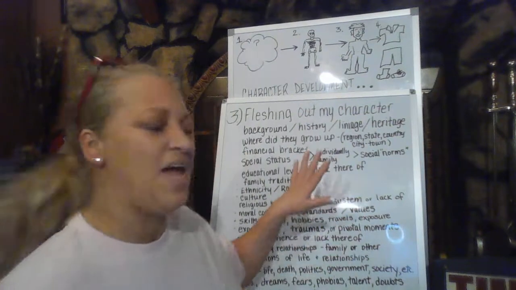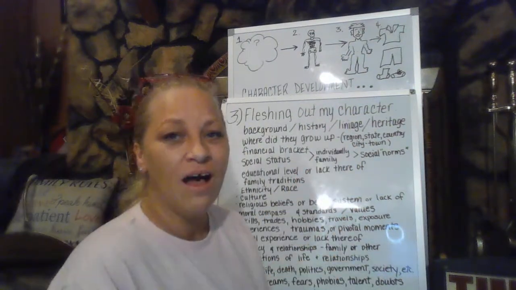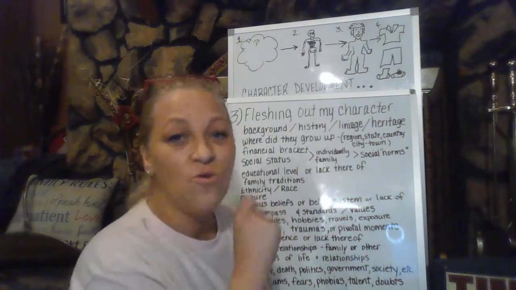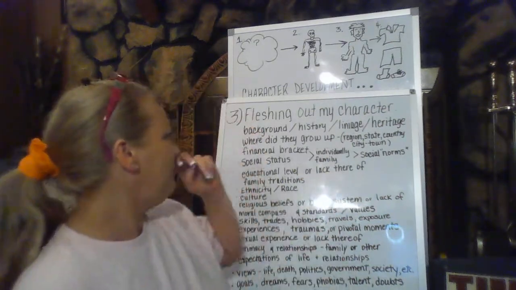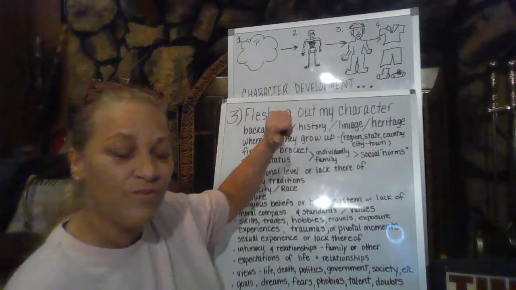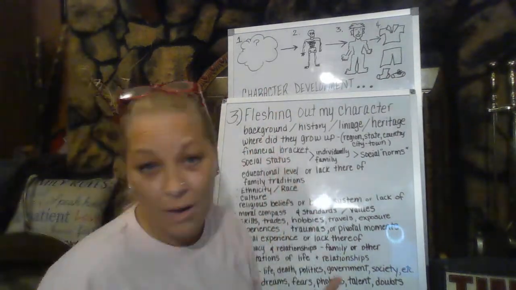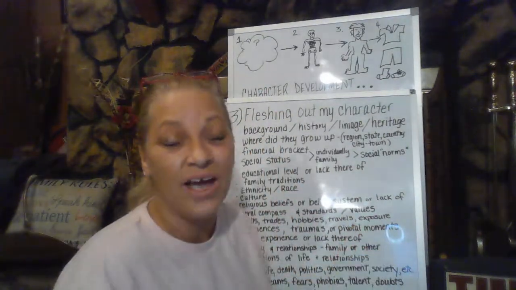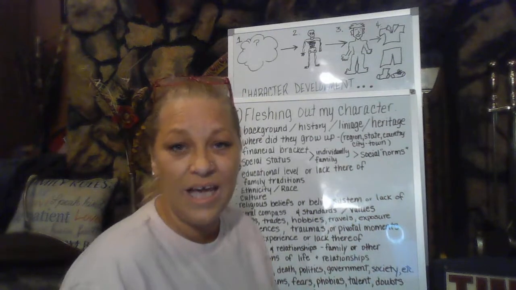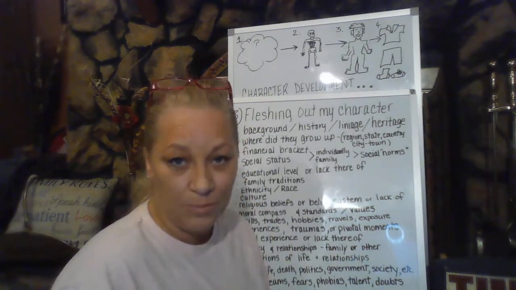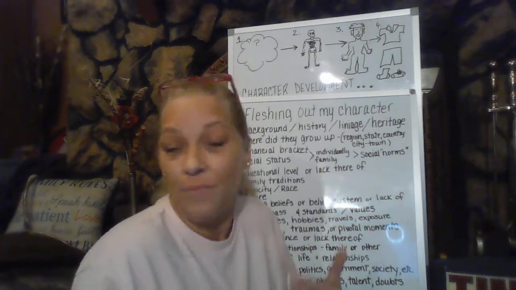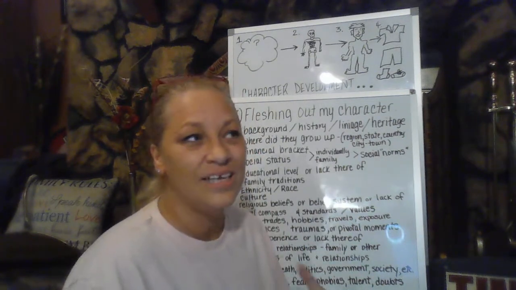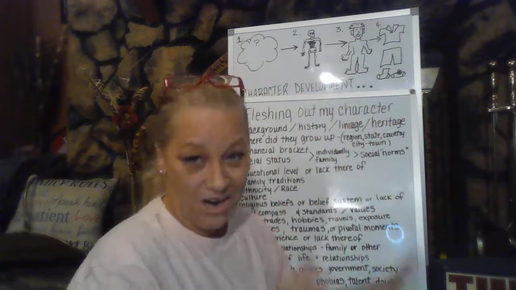Okay, I did go ahead and prepare it ahead of time so I wouldn't waste so much time writing it out and you wouldn't have to stare at the back of my head. So, again, this is my character development. This is my process. You don't have to do it this way. This is what works for me because I'm one of those people, as I said in my last video, I'm an overwriter. I'm an overthinker. So I tend to use more.